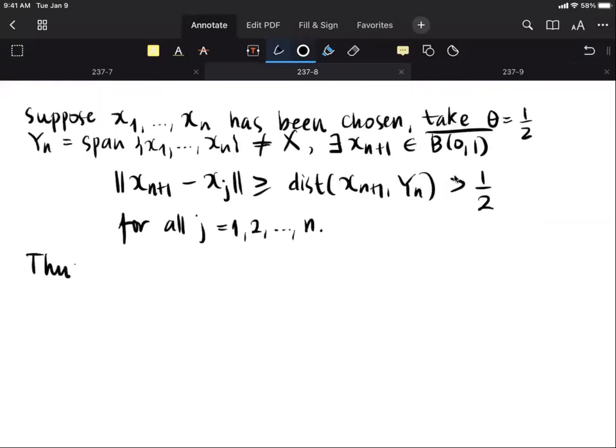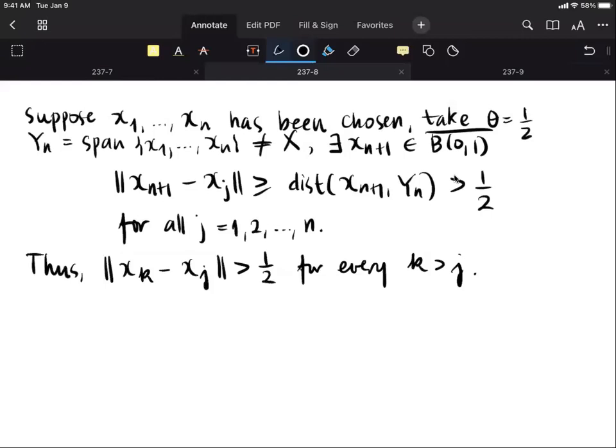Therefore, by construction, we have constructed a sequence wherein the norm of x sub k minus x sub j is greater than 1/2 for every k greater than j.